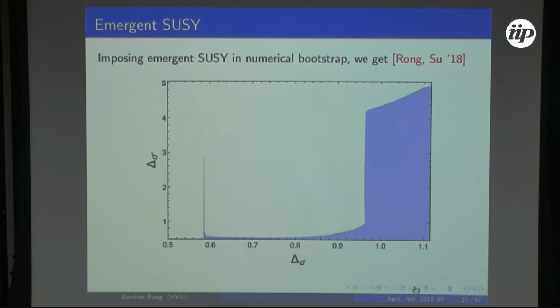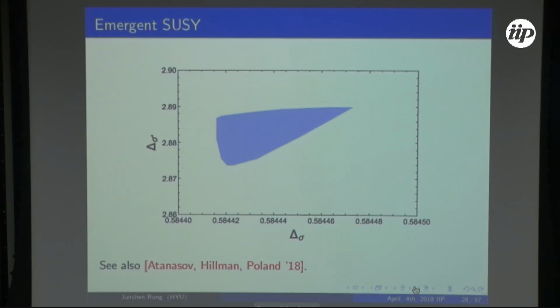Actually, I think the peak appears, this is lambda equal to 13, if you are familiar with numerics, this is pretty low. And if you do it more carefully, it appears at 1. This is probably some N equal to 2 theory, because of the conserved current multiplet. N equal to 2 has a scalar whose dimension is 1, and that's probably because of that. So this is the island, and also see David Poland and colleagues' paper. They also discovered this independently.